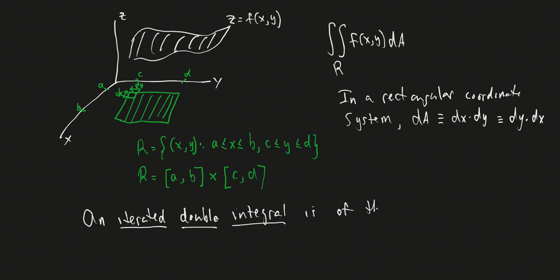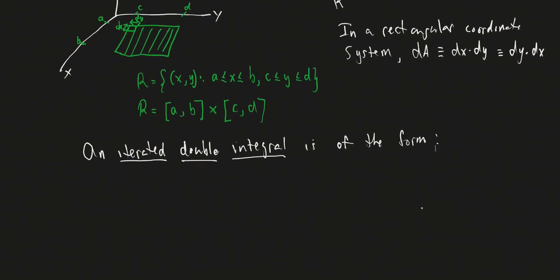Is of the form, right? And so let's say we were to do the dx dy option, right? So let's say we represented dA like this. So I'll kind of write it in reverse. I have dx dy, then of course I'll still have my surface, my function.